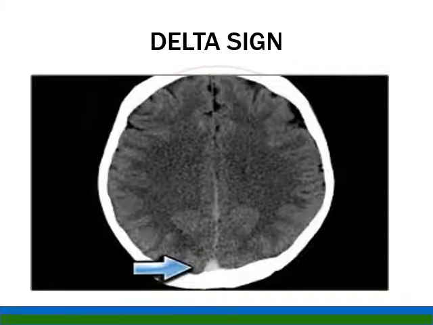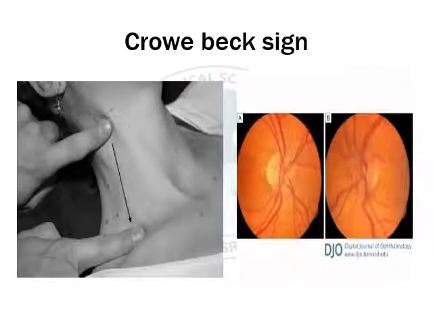The next one is delta sign. Delta sign you can see in a contrast enhanced MRI, where the arrow mark shows a delta. It is classical for lateral sinus thrombophlebitis. Apart from this, there is the Crowe-Beck sign. What is Crowe-Beck sign?